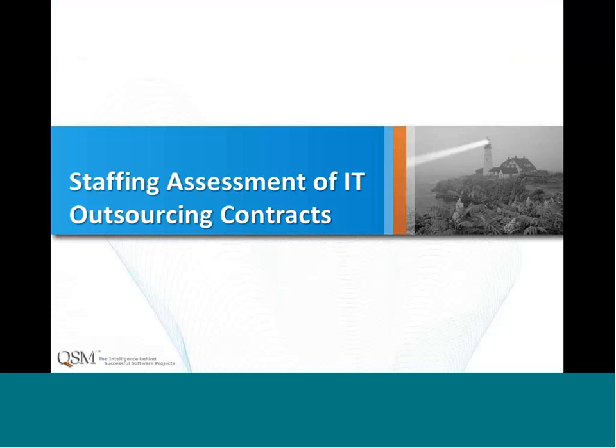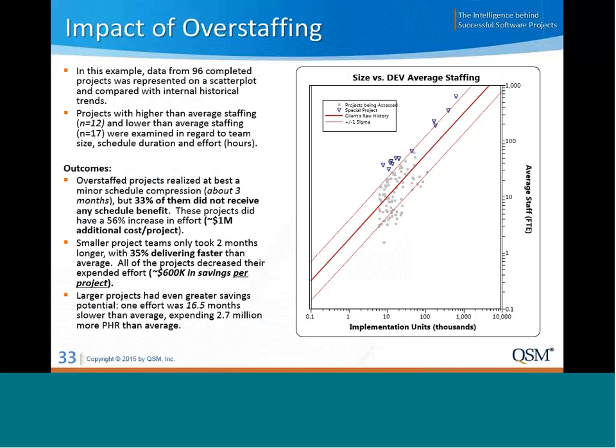All right, so the final lane of activity that we have with our vendor management solution is staffing assessment on IT outsourcing contracts. And what we can do is model an entire portfolio of projects and identify opportunities for savings.